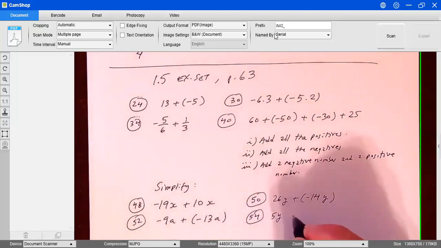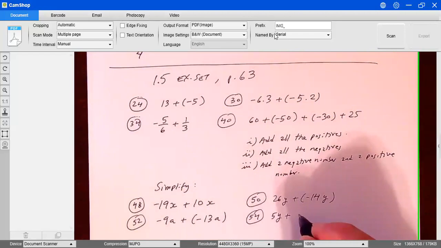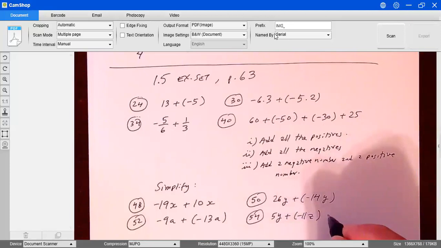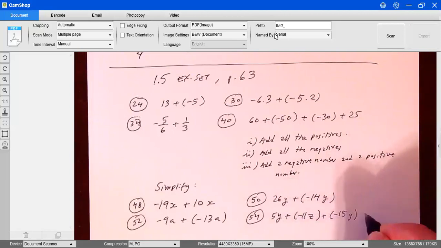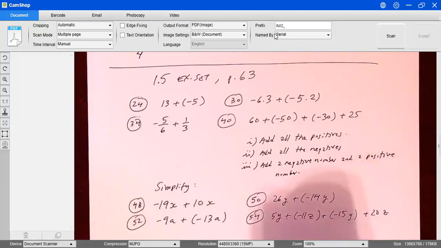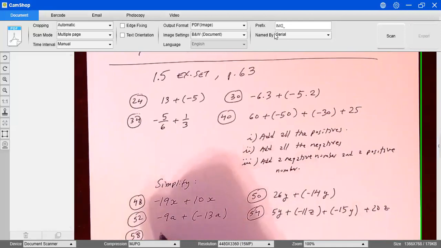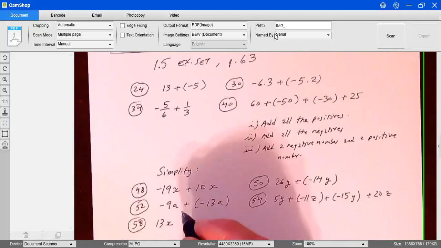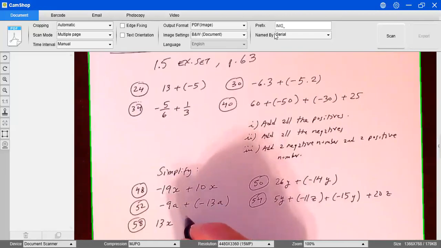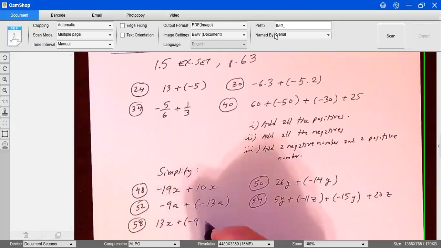5y plus -11z plus -15y plus 20z. Then we have 58, which is just 13x plus -9y plus -17x.